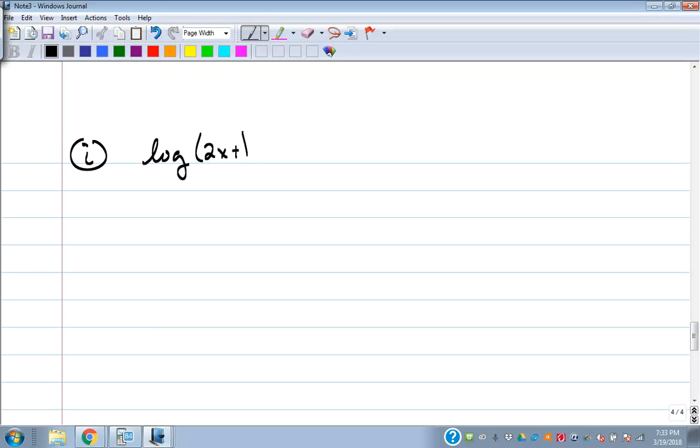Log of (2x plus 1) plus log of x equals log of (x plus 8). This one has logs everywhere. So the left side's got 2 logs on it.